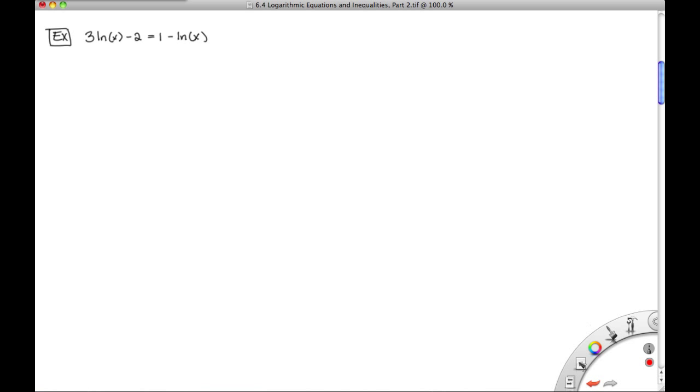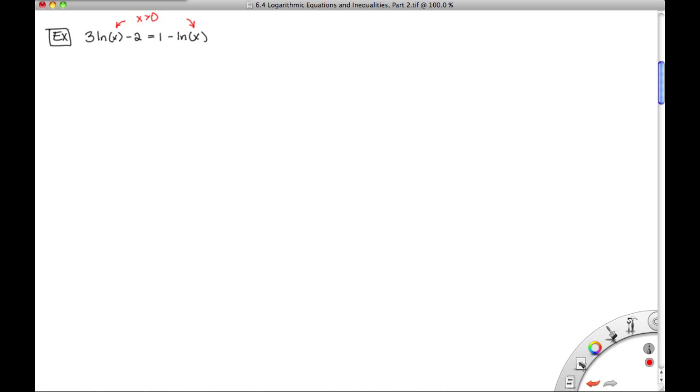So again, I'm going to make 2 quick notes before I move on. The first one is restrictions on the domain. So I'm going to look at both of these. Because of this and because of this, our argument is x. So whatever solutions we may have, they're going to have to be strictly greater than 0.